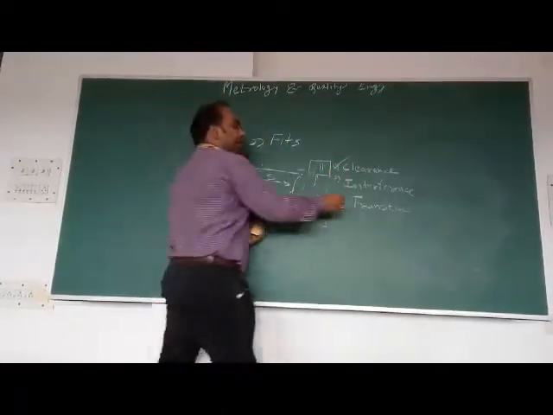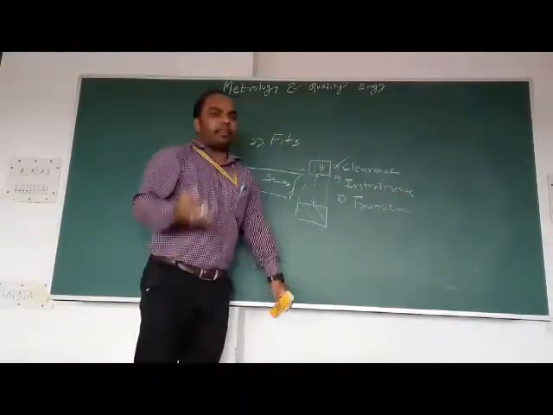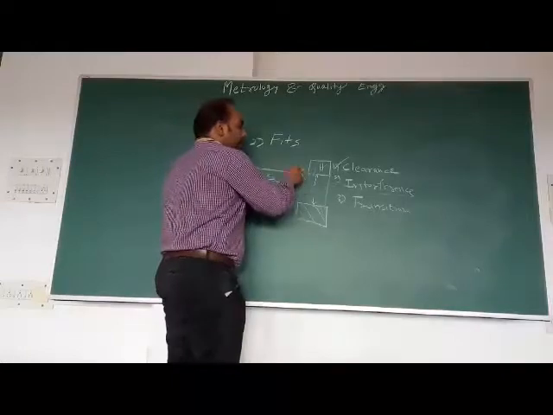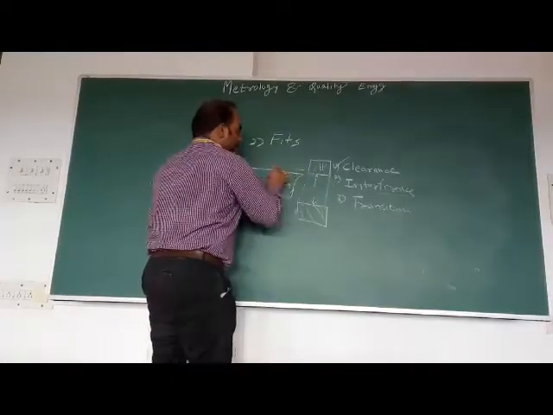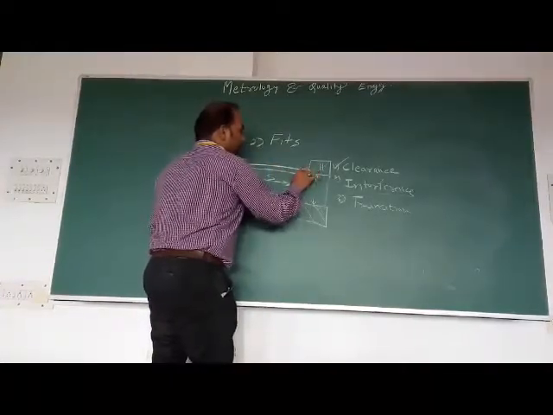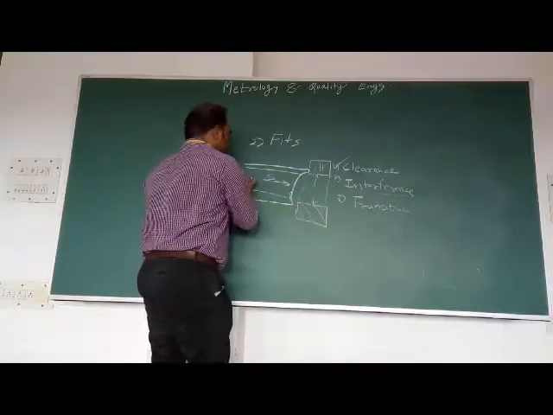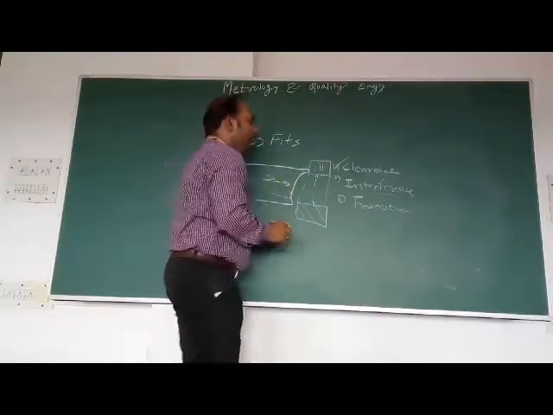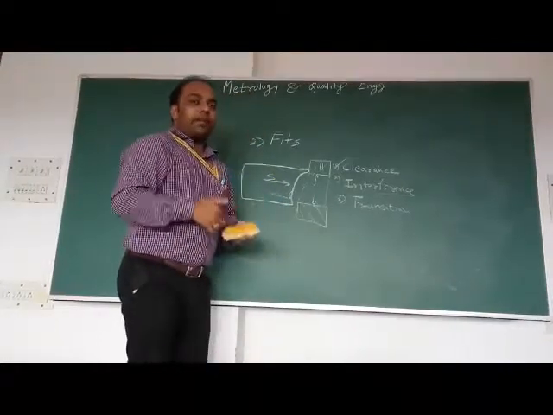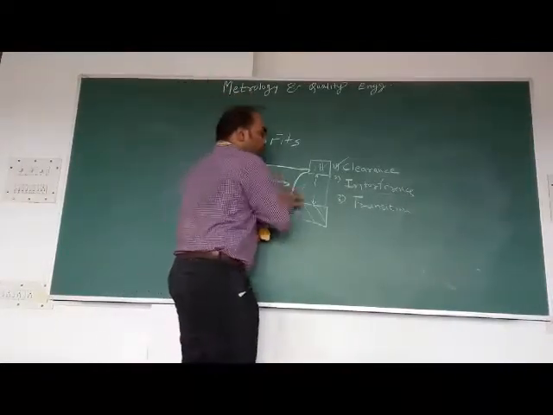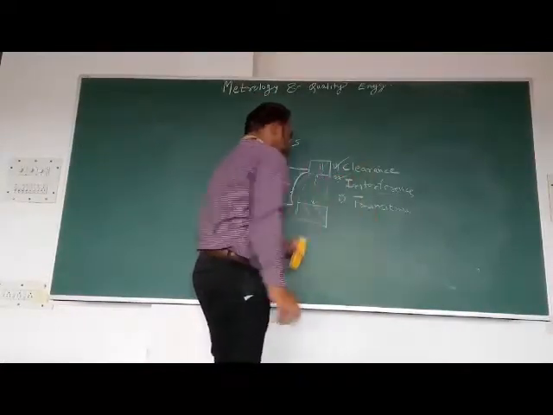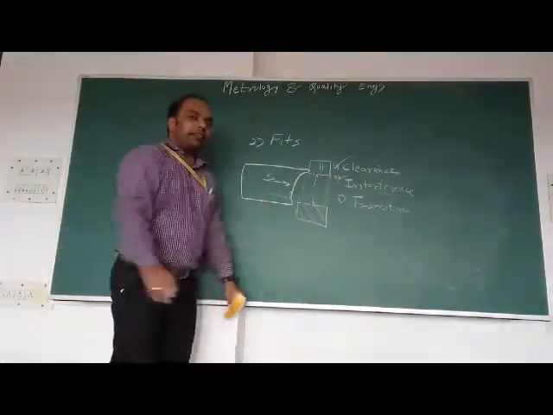Next is interference fit. As the name indicates, it will create interference. That means either the shaft will be of bigger dimension, so let us consider this as the new dimensions, and we have to make efforts in order to put the shaft into the hole system. So that will be the interference system. And next is the transition fit.